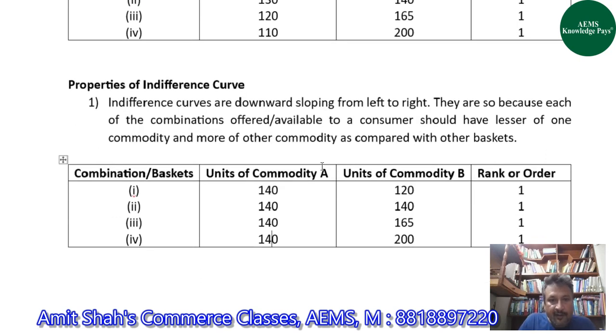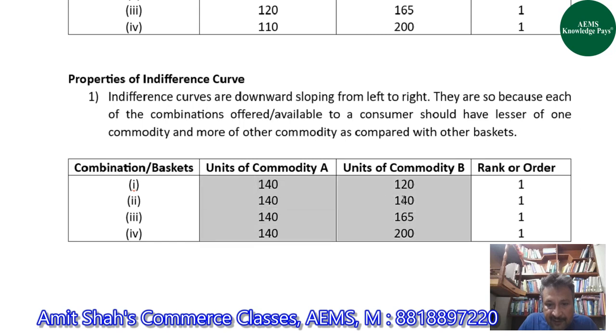Guys, for example, these are the four baskets which are shown to a consumer, where commodity A's quantities are not decreasing across four baskets, but commodity B's quantities are increasing. In that case, obviously the consumer will give the highest rank to the one which has the maximum units of the two commodities, that is basket 4. And then he will give rank 2 to basket 3, rank 3 to basket 2, and rank 4 to basket 1, which has the least units of the two commodities.